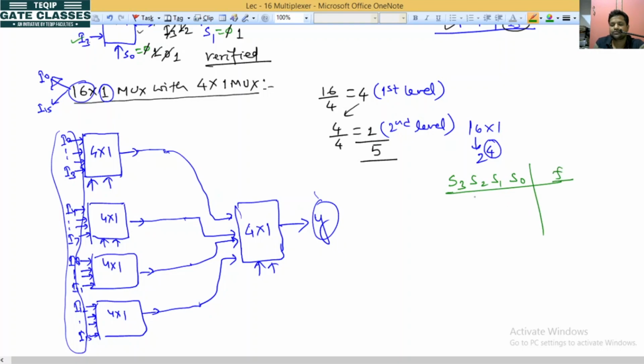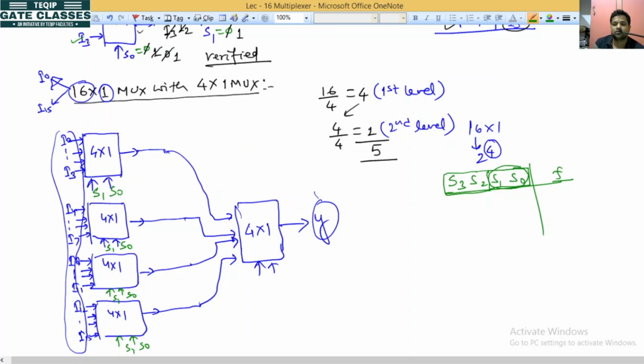Now you just take these two. Why are we dividing here into 2 selection lines? Because we have 4x1 mux and each mux has only 2 selection lines. Okay na, so pick from the LSB side 2 selection lines and put them in the first level, S1, S0, again S1, S0, again S1, S0.